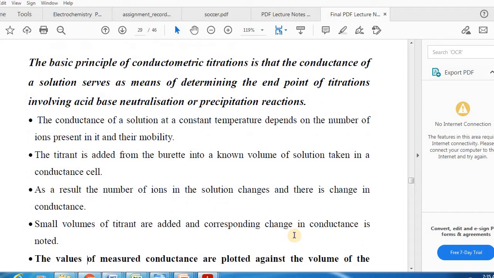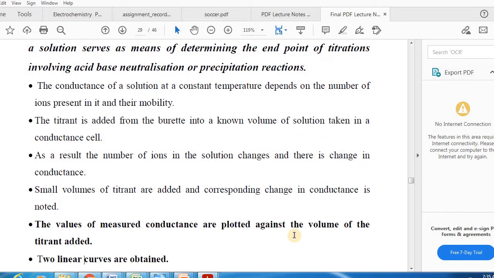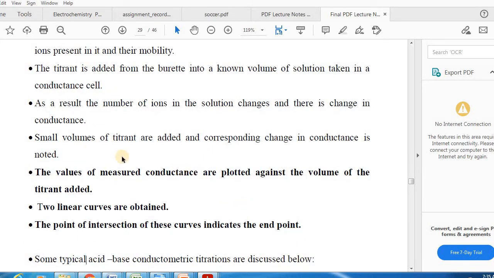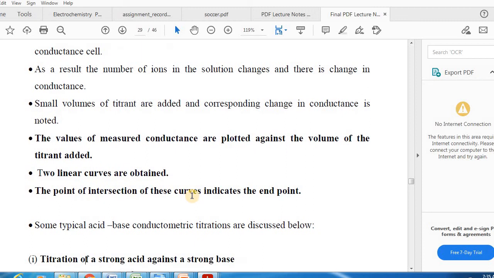Small volumes of titrant are added and the corresponding change in conductance is noted. The measured conductance values are plotted against the volume of titrant added. So we will get two linear curves, and the point of intersection of these curves will give us the end point of titration.